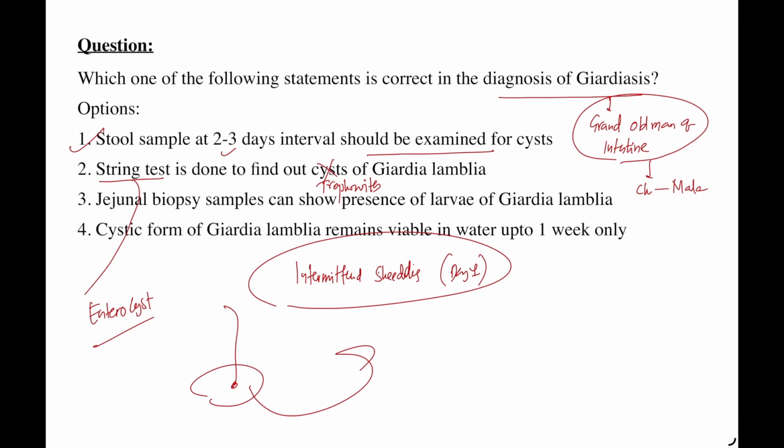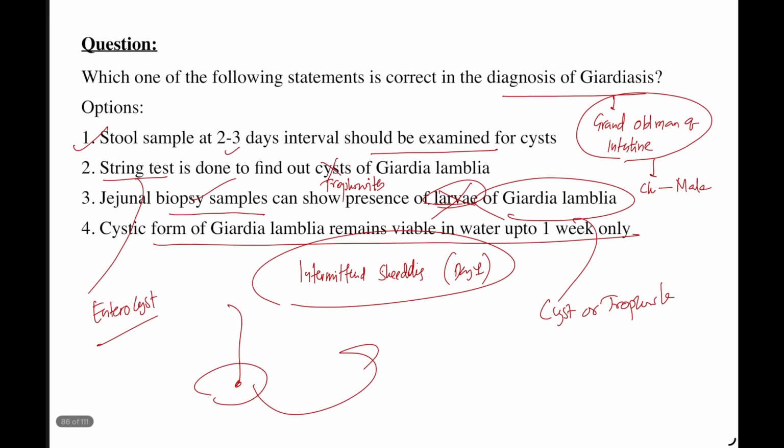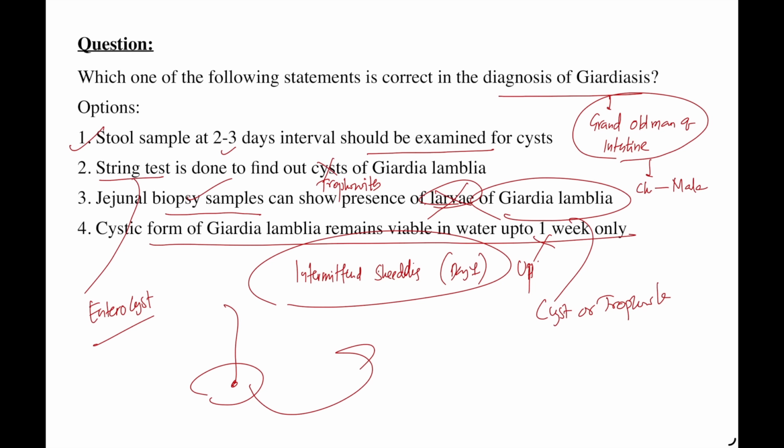Trophozoites, not cysts. Jejunal biopsy samples can show presence of larva. There's no larva in Giardia. Giardia has only 2 forms, cyst or trophozoite. We'll check for trophozoites by doing jejunal biopsy samples. Cystic forms of Giardia lamblia remain viable in water up to 1 week. No, up to 3 months.